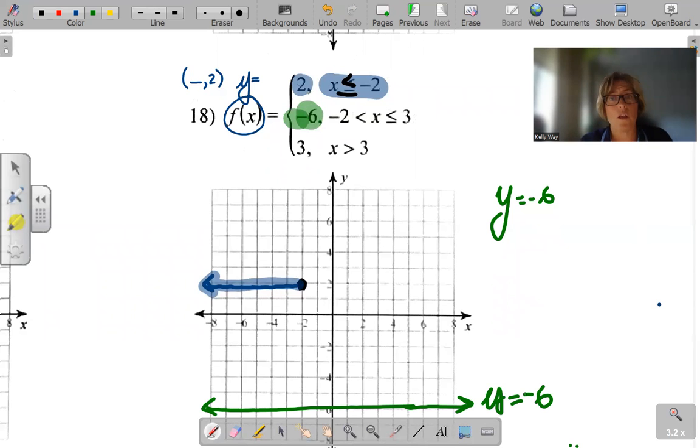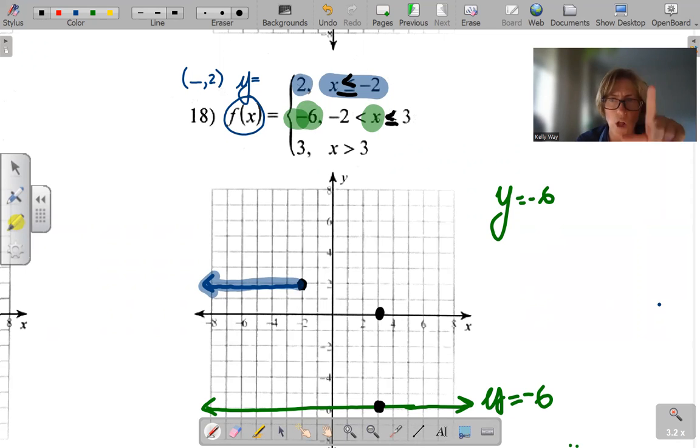But we're only using the values of x that are greater than -2 and less than or equal to +3. So at +3 on the x-axis, you follow it down, you're going to have a solid line because it's less than or equal to.